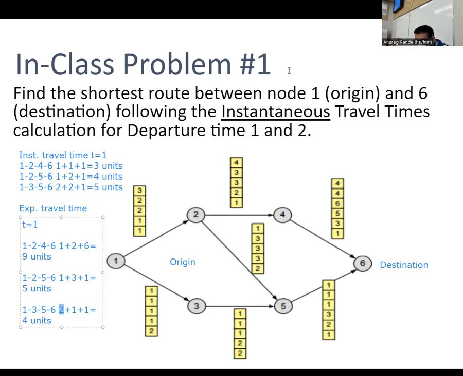Let's take maybe 5 minutes to do it, and then let's come back. I'm not going to go over that solution because I know you are capable, but let's talk about it if there are any questions. So do both instantaneous and experience, but instead of starting at t equal to 1 at the origin, start at t equal to 2. Is the question clear? Okay, wonderful.